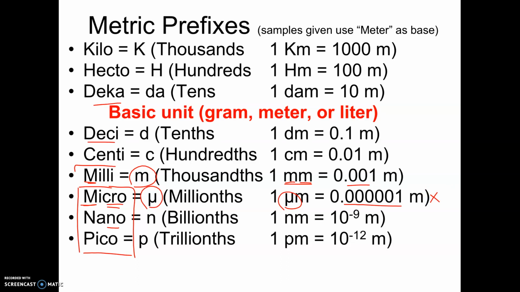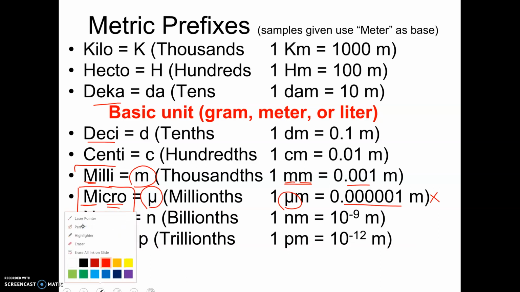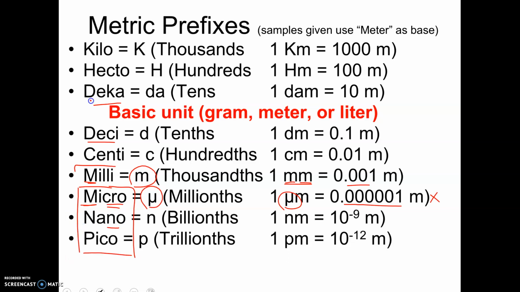Also, deca and deci both start with D, deca, deci. However, decameter and decimeter also have different units. Decameter, you can see, is DA for decameter, and that's tens. So a decameter is actually 10 meters.